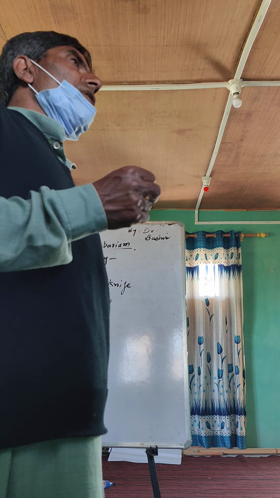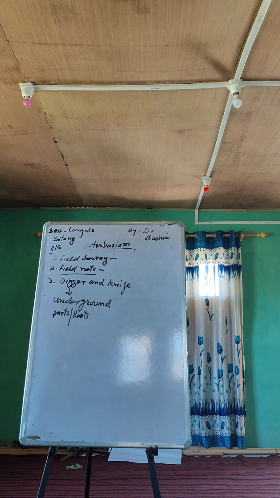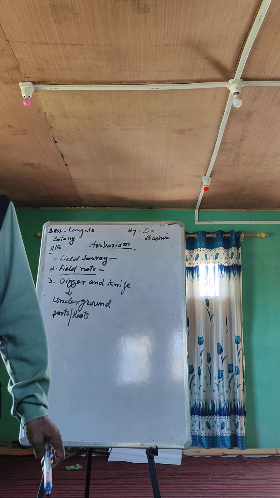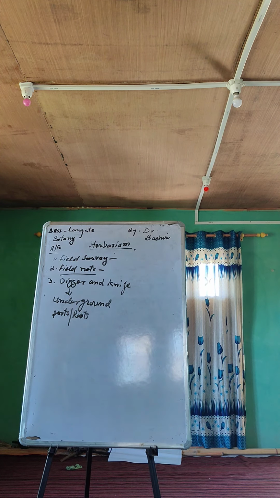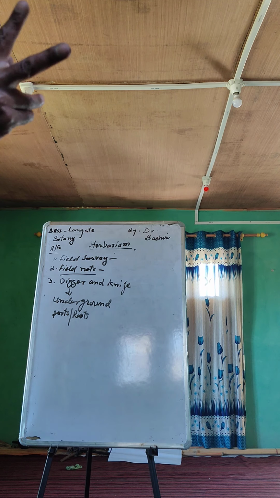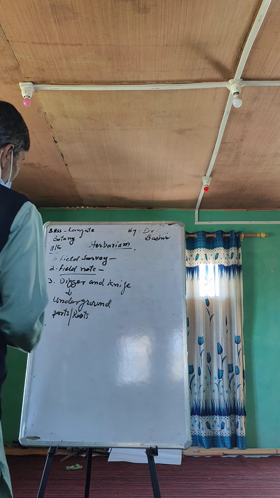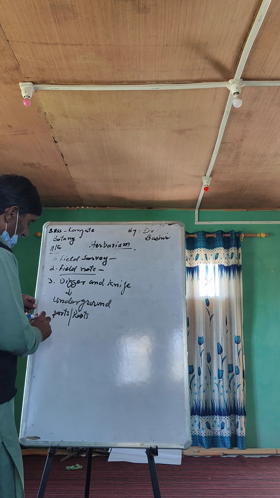In that respect, we need to cut the twigs, the leaves, the stem tips of the plant for the collection. It is not possible for you to take a Juglans regia log and keep it in the herbarium, so twigs are selected for the purpose of herbarium. So diggers and knives are used for these purposes.